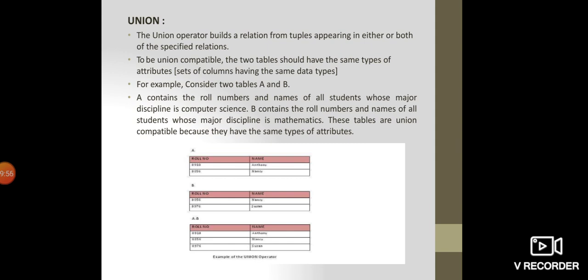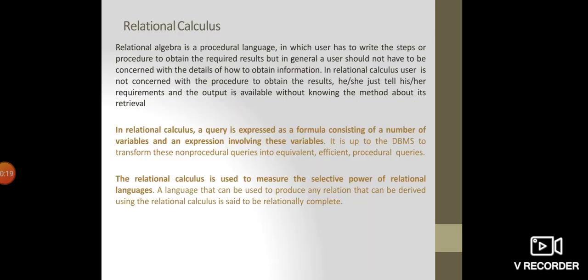You're taking A class and you're taking B class, and then you're combining both. What entries are there in both A and B, both will be combined, and it will be displayed as you need. The only thing is the domain should be the same, and the number of columns also should be the same, that is the degree.